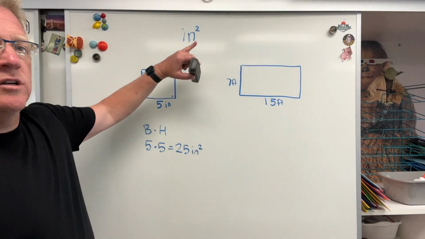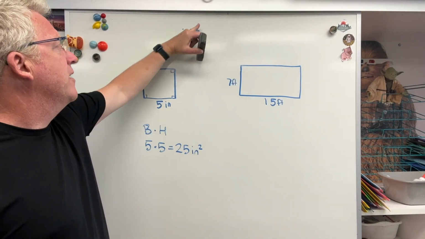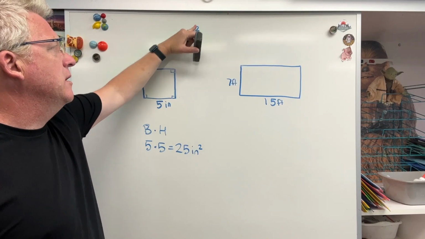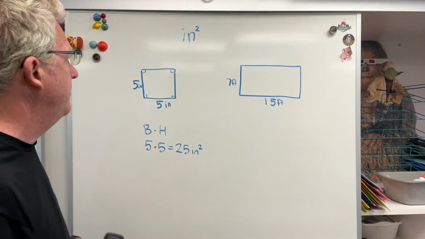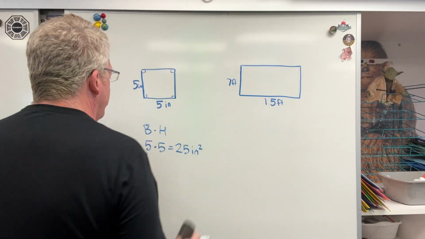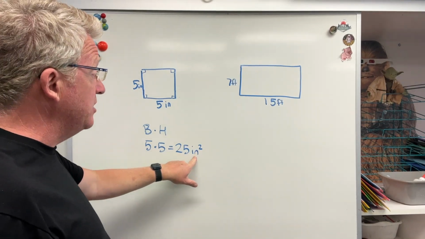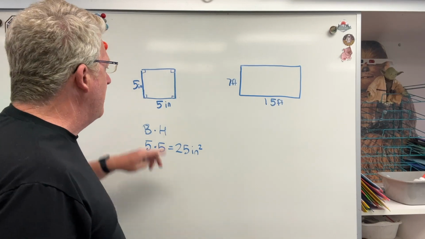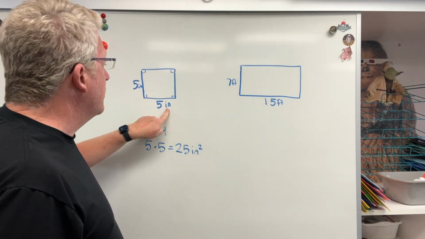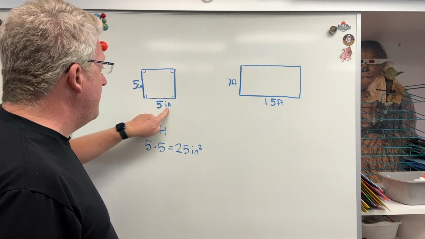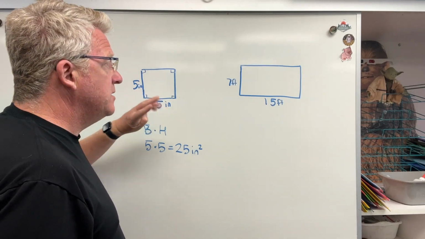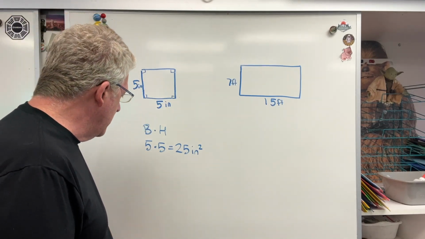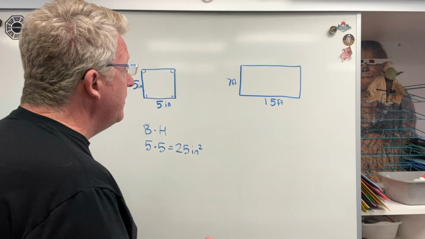It should look sort of diagonally up from, and it should be smaller. It's a little teeny exponent. So 25 inches squared, the inches squared part is part of the score, so make sure that you get that. Pay attention, on the quiz it'll have a unit measure here, so make sure you show the inches squared there.